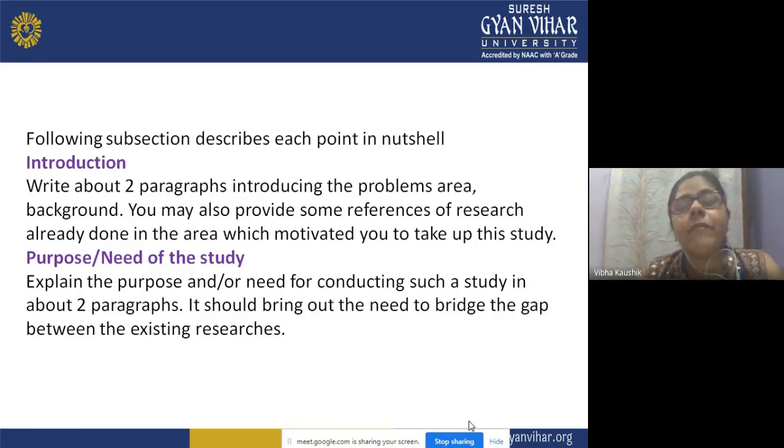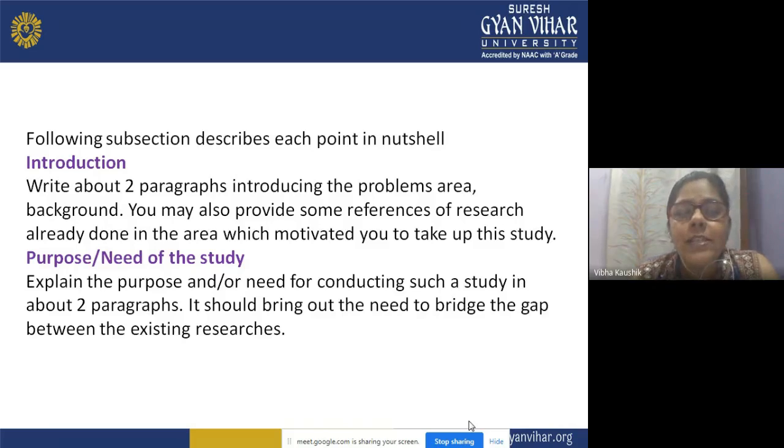For example, if I am doing my research related to the discipline problem in my class, then in two paragraphs I have to define the disciplinary activities going on in my class during the teaching-learning process. Now I am introducing the problem area, which is discipline.